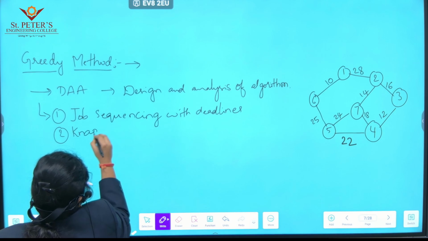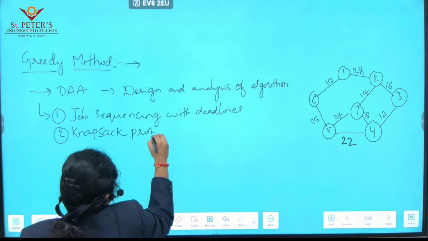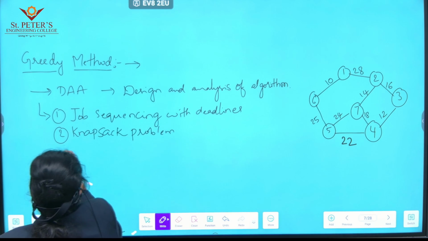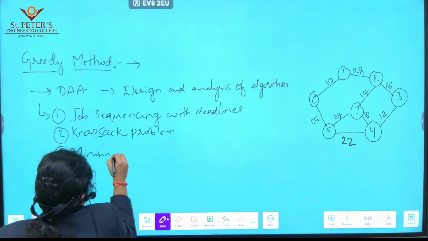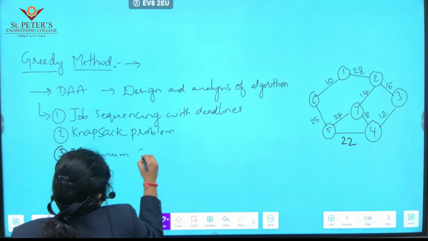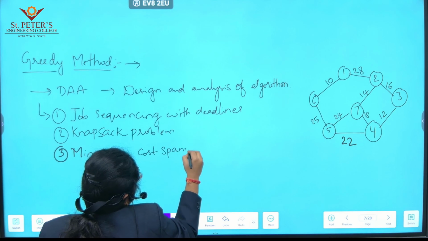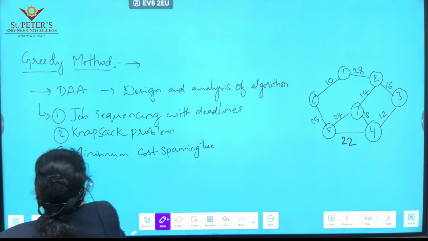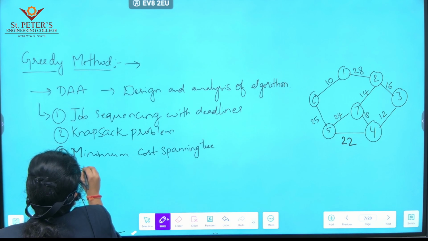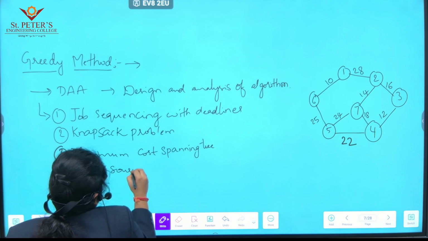The third one is minimum cost spanning tree. And the final one is single source shortest path.